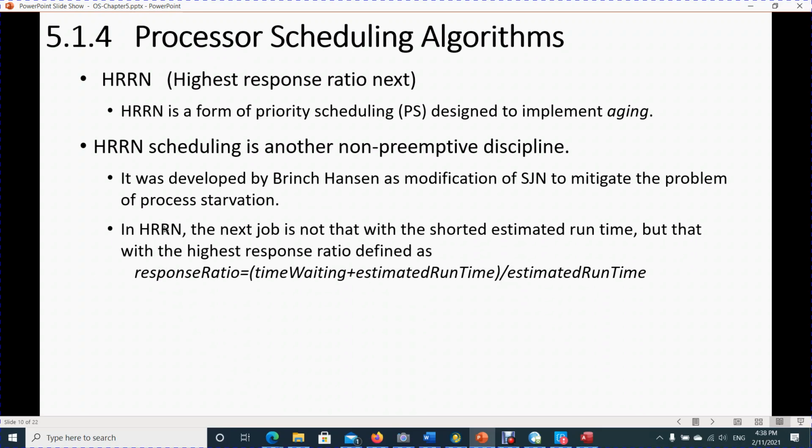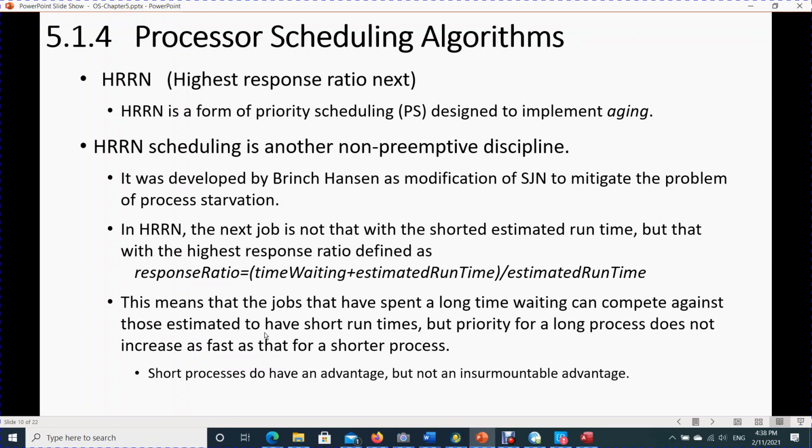With HRRN, the next job is not the one with the shortest estimated runtime, but the one with the highest response ratio: time waiting plus estimated runtime, divided by estimated runtime.